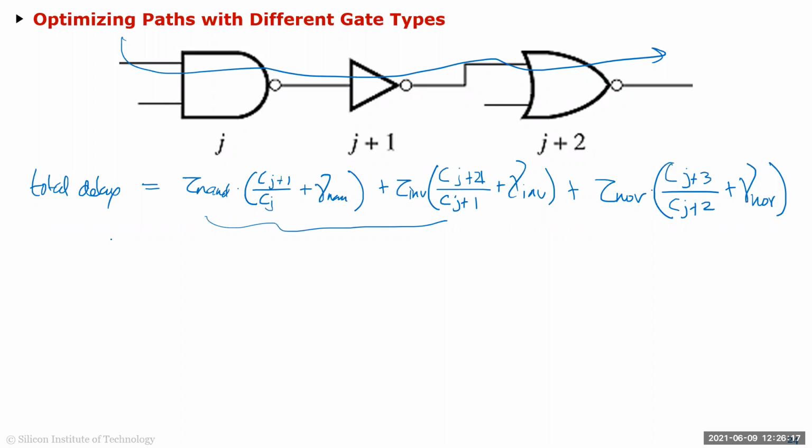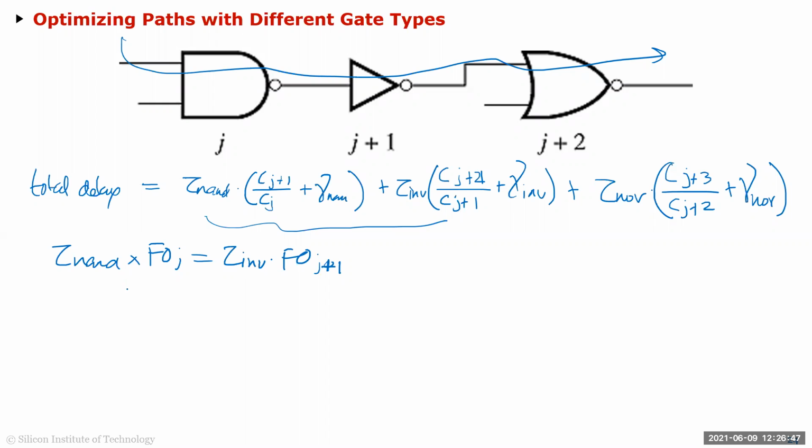So essentially what the references do is, I have a series, let me just pull out 2 of these, and if you pull out these 2 and do the same thing, dJ over d fan out equals 0, you'll see that the result you get is tau NAND times the fan out of that NAND gate should be equal to tau inverter times the fan out of the inverter, j plus 1.